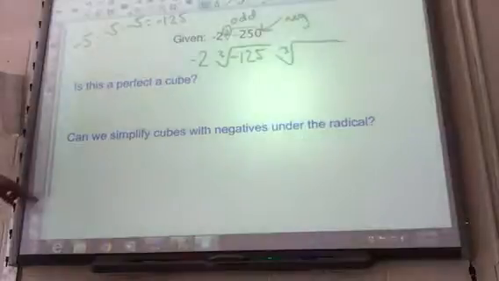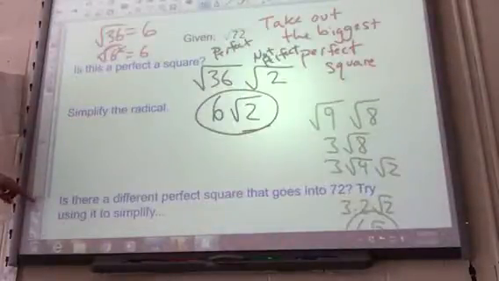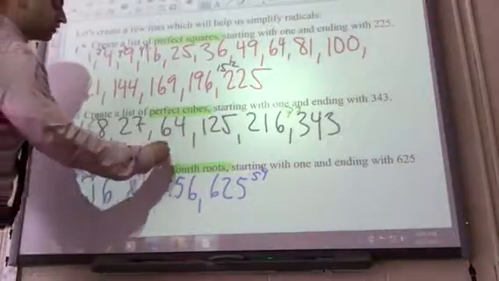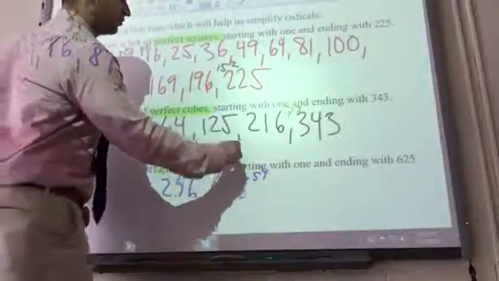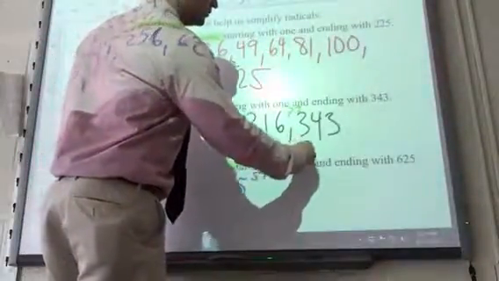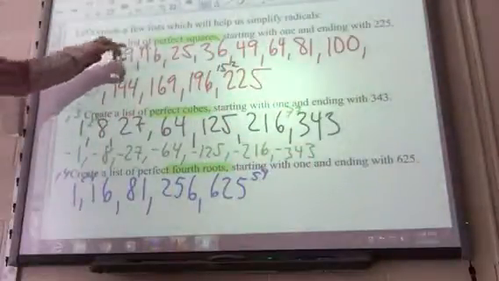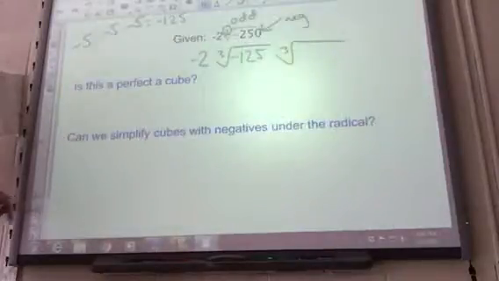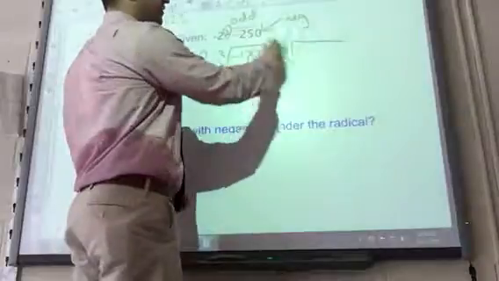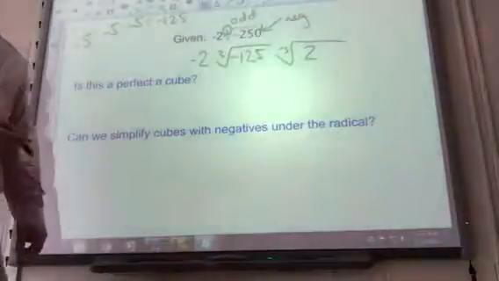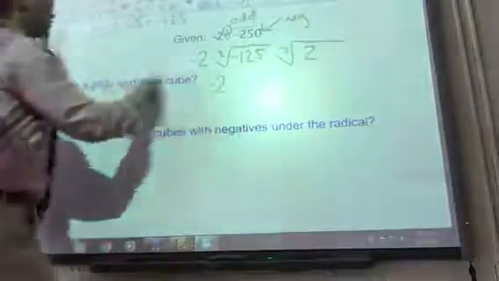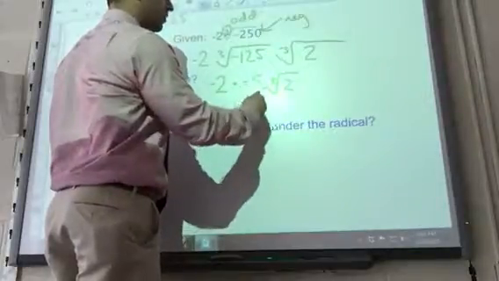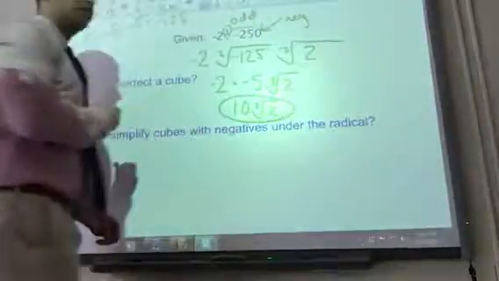So, going all the way back to our page where we generated the perfect squares and cubes, these could also be negative. But these, with the even index, squares and fourth roots, could not be. So now, negative 125 times 2 will get us negative 250. The cube root of negative 125 is negative 5. And there's your answer.